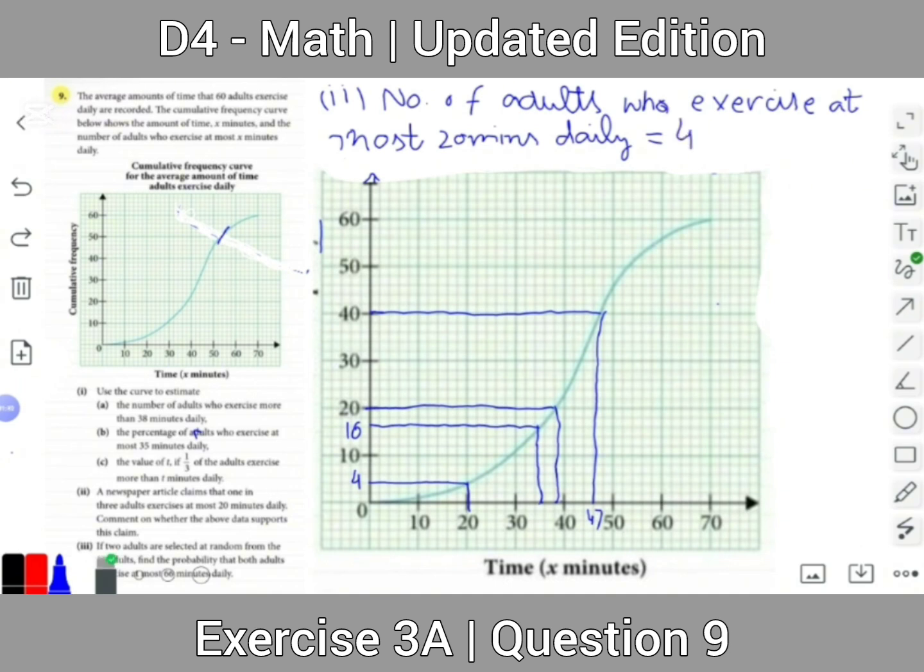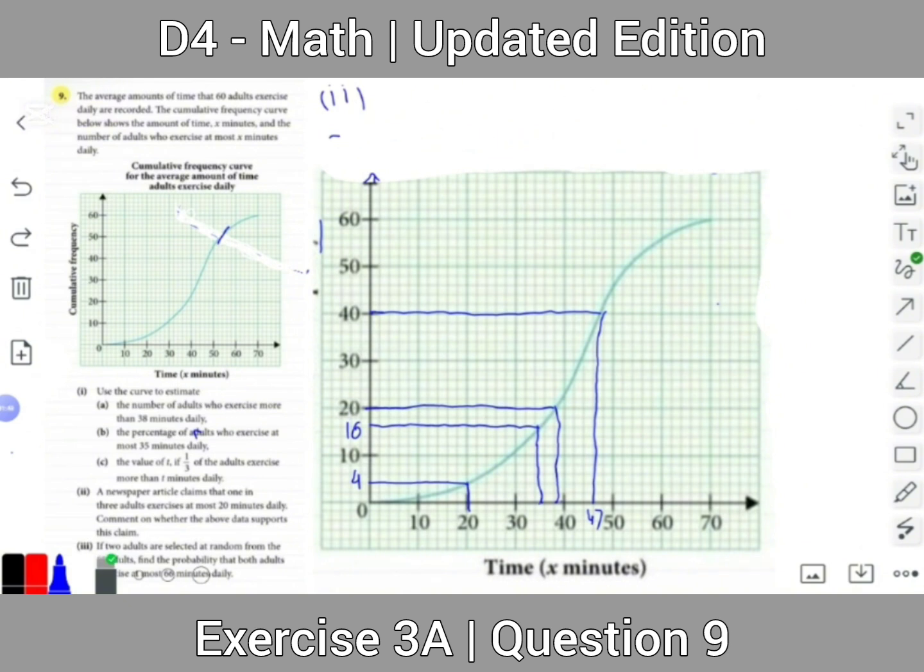Now we have to find out the fraction of adults who exercise at most 20 minutes daily.